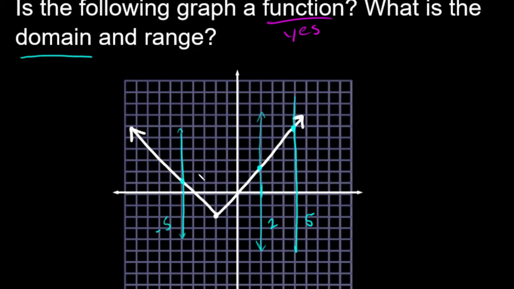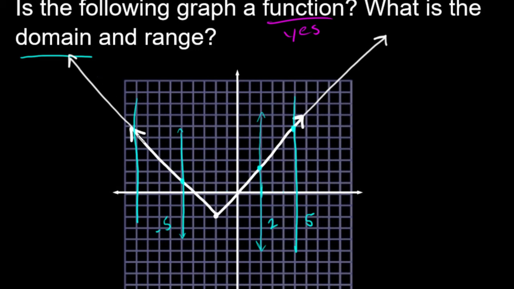So try to think, if this graph, because of these arrows, was expanded infinitely this way and infinitely this way, can you think of some vertical line, some value of x that my graph would not intersect?